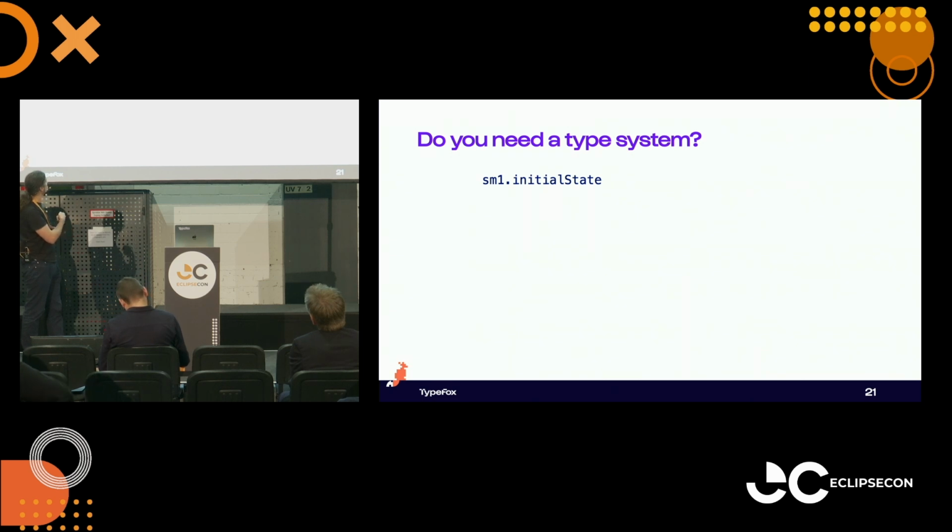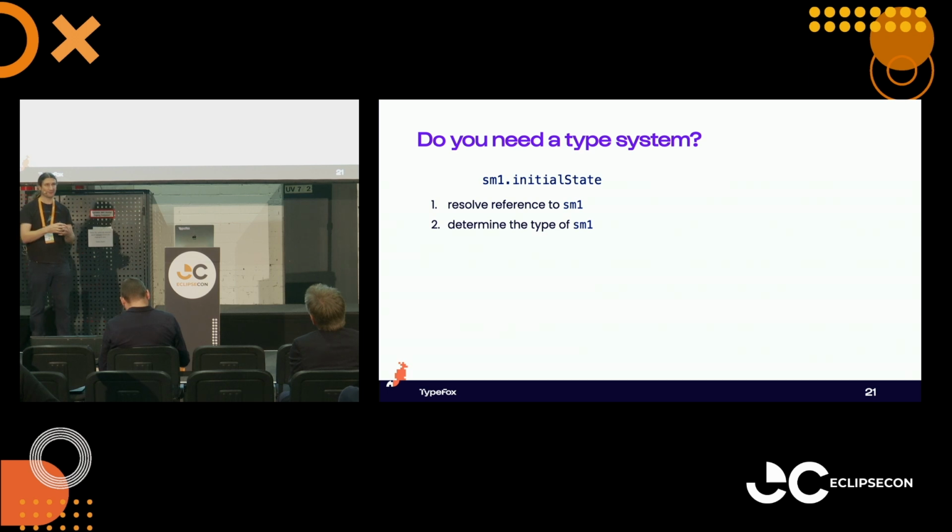One is cross-reference resolution. What we have to do here is first resolve this reference to the symbol SM1, then identify the type of that symbol target. We should assume that it is some kind of structured data, could be a class or something like that.